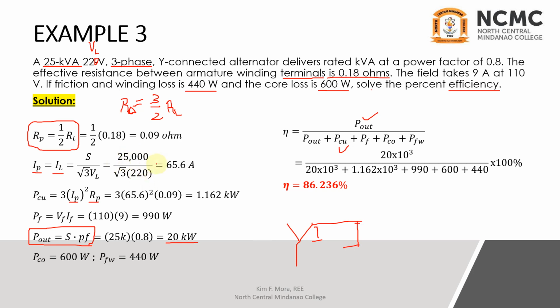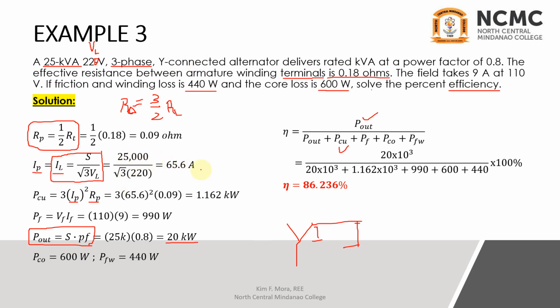So 25,000 divided by square root of 3 times 220. So that is equal to 65.6 amperes. No? So the formula in getting the line current or the phase current, equal na siya if Y connected siya.